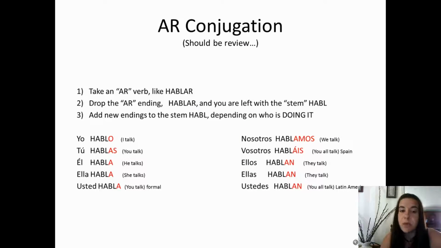So remember this, when we conjugated an AR verb, we dropped the AR ending, and you're left with the stem, and then you add the new endings depending on who's doing it. So we're changing the verb to say who's doing it, conjugating it.